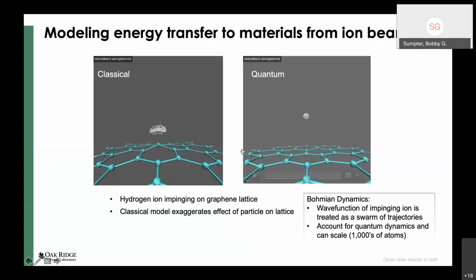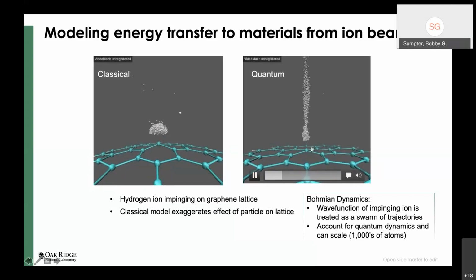Well, if we run the quantum case, so this is the ending of the classical case, again, similar simulations, the energy transfer is tremendously smaller and nothing really sticks to the surface. Everything kind of reflects. A couple of atoms stick.